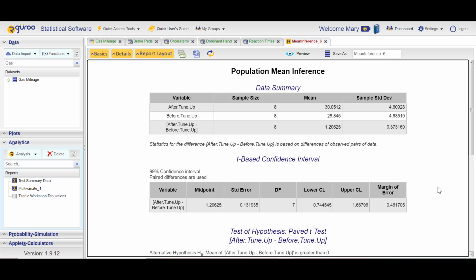The confidence interval is between 0.7445 and 1.668. Just for future reference, they're both positive.